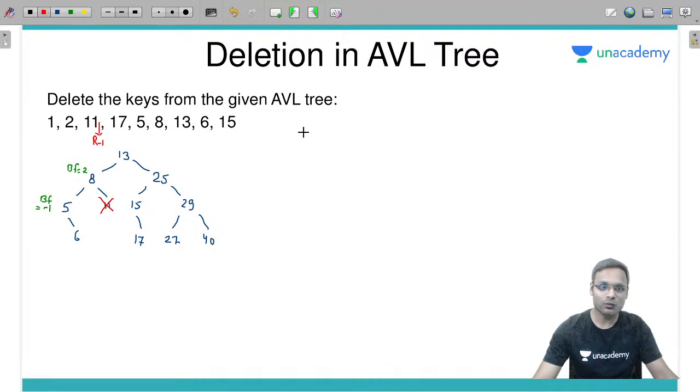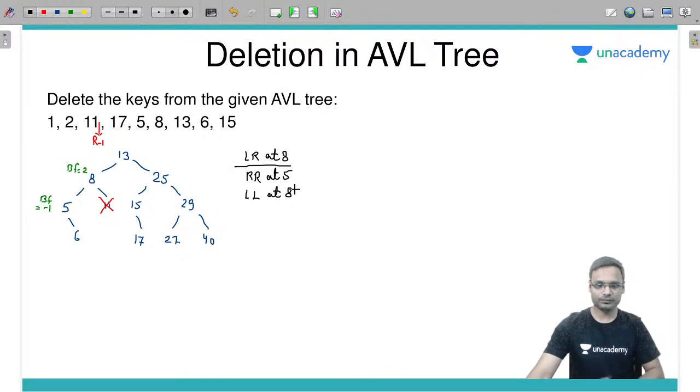For R minus 1, what kind of rotation at 8? LR at 8. LR at 8 is not a single rotation, it's a double rotation. First, RR at the left child of 8, which is 5, and after that, we are going to do LL at 8. Let's do these two rotations. First rotation, RR at 5.